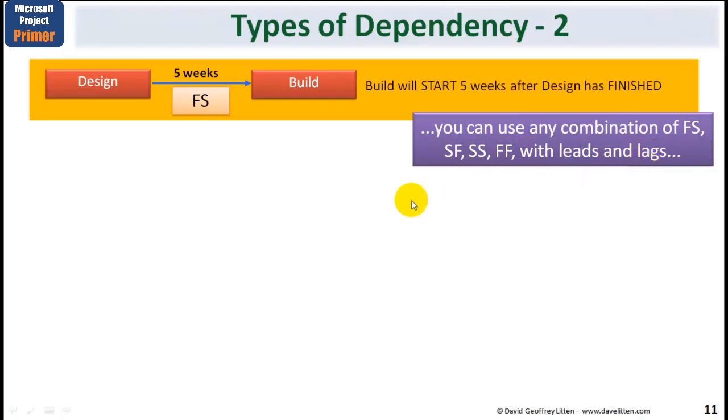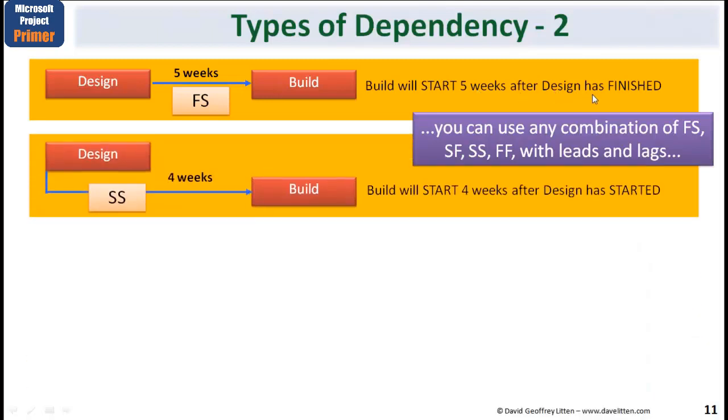I'm going to show you a few examples here. So what this is simply saying, a finish to start with a 5-week lag, that build will start 5 weeks after design is finished. Another example, design and build are both connected start to start. However, I've put a 4-week lag. What this means is that build will start 4 weeks after design has started.